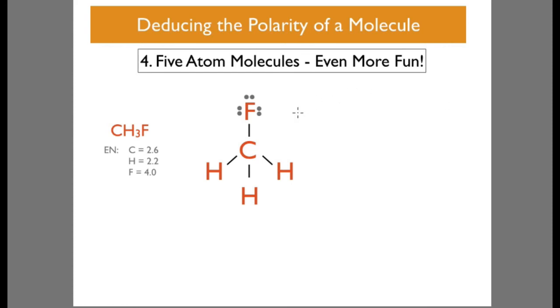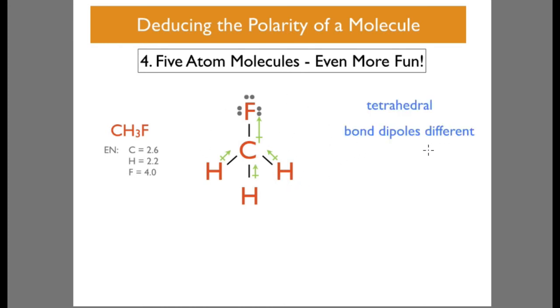What do we have? We've got a fluorine atom up here, carbon, 3 hydrogens, and so we're going to get a polar covalent bond here, because there's quite a large electronegativity difference between the fluorine and the carbon, and then 3 polar covalent bonds here with the smaller electronegativity difference. It's tetrahedral.